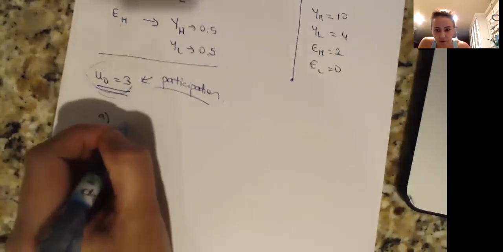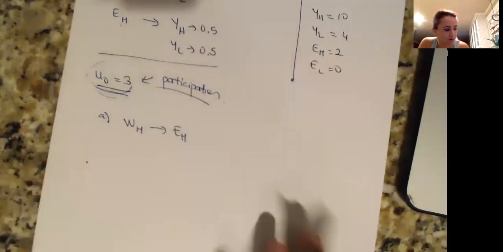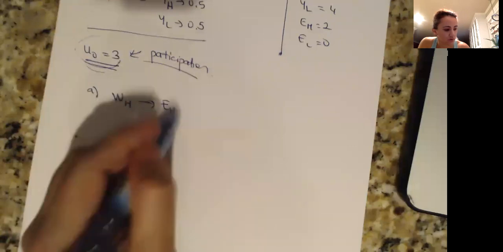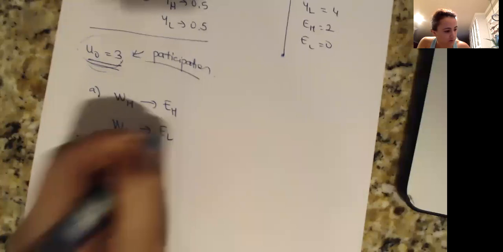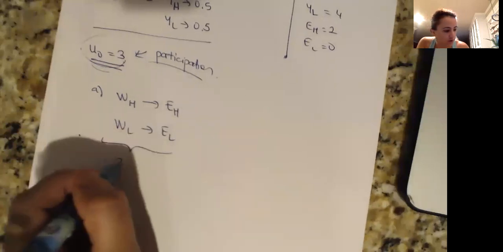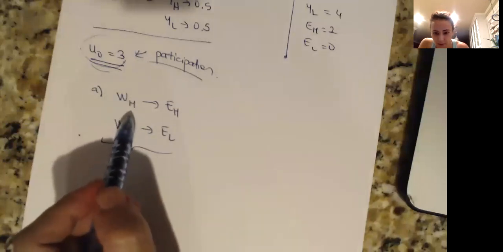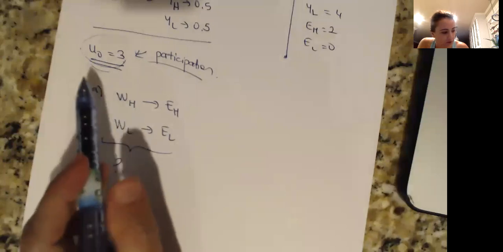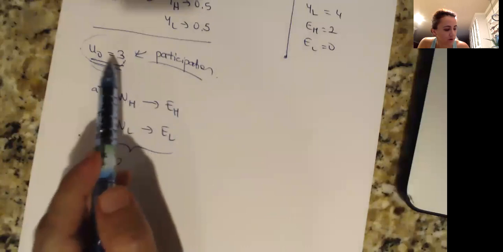So he can offer WH to people who show high effort, and WL to people who show low effort. Okay, so what wages should he pick? Well, I want to make sure that the people are willing to work for me, right?